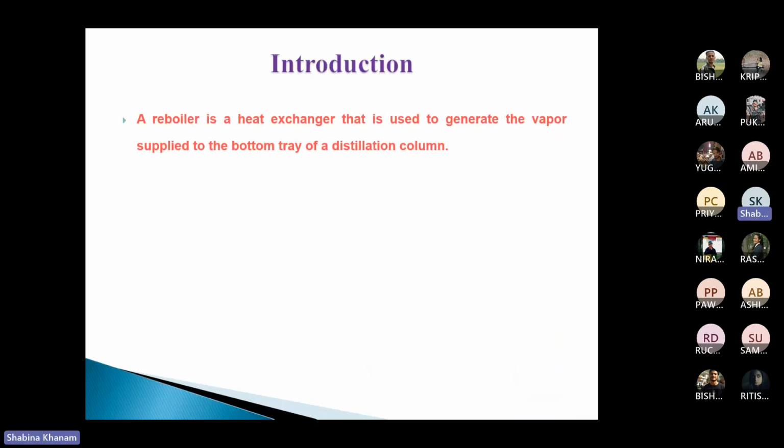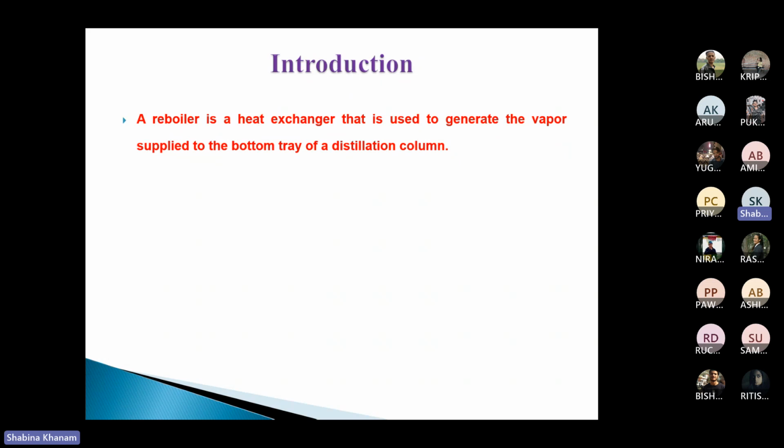As far as the reboiler is concerned, you know already it is a part of the distillation column, usually placed at the bottom, where the liquid enters from the bottom into this reboiler, and a certain part of the liquid is converted into vapor.